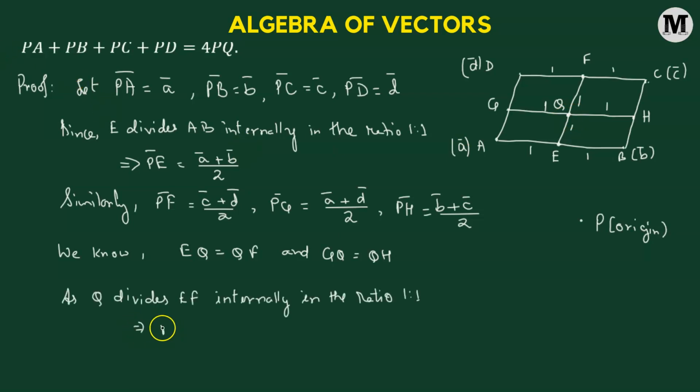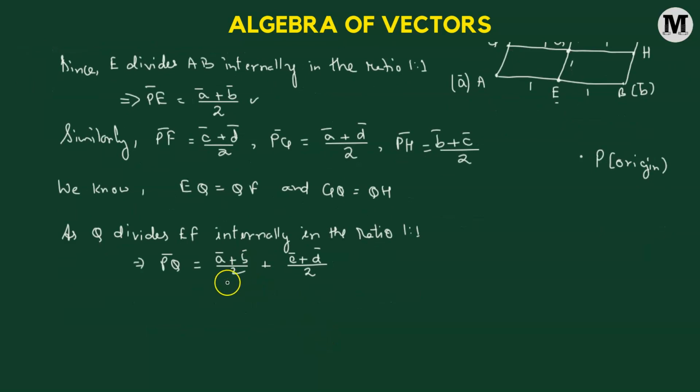That means that PQ vector is simply going to be 1 multiplied by the position vector of E. The position vector of E we have already defined as PE vector, that's A vector plus B vector divided by 2, added to 1 multiplied by the position vector of point F, or PF. That's going to be C vector plus D vector divided by 2.